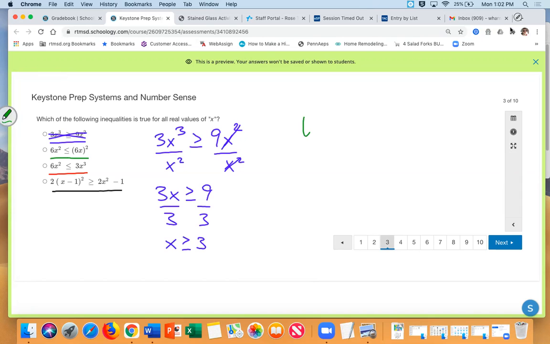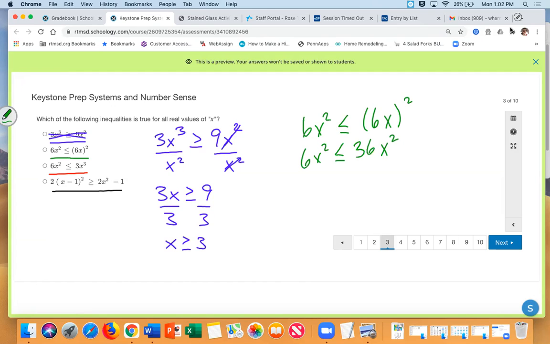Well, watch this. Let's look at the green equation. I distribute that, kind of do 6x times 6x. That gives me on the left 6x squared. Well, watch this. 6 squared is 36. X squared is x squared. Remember when I was talking about that imbalance?